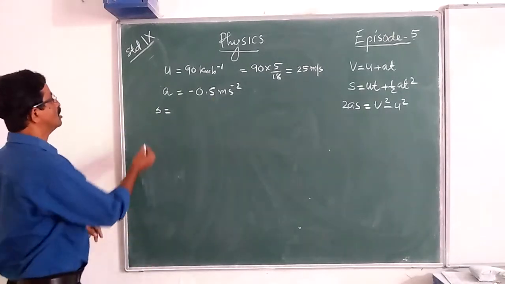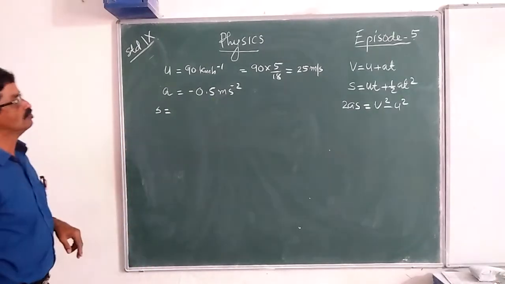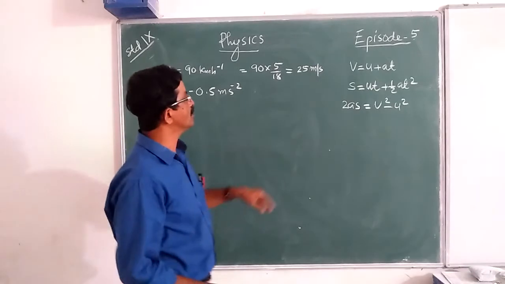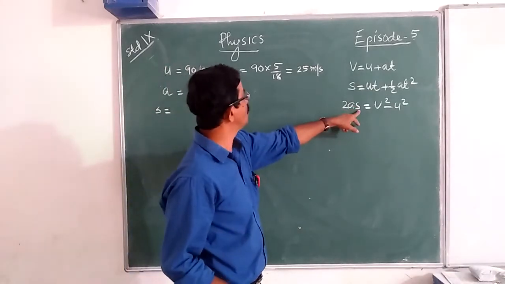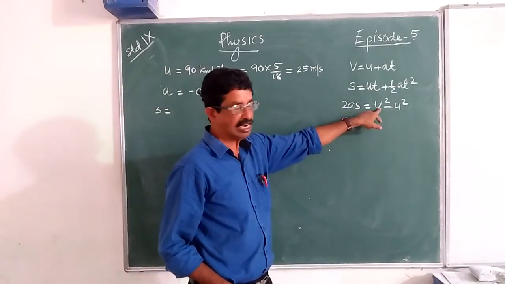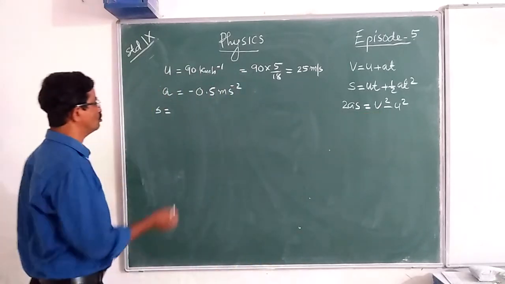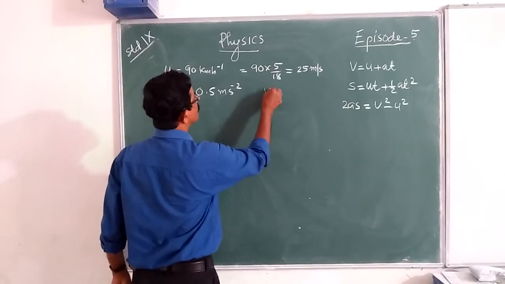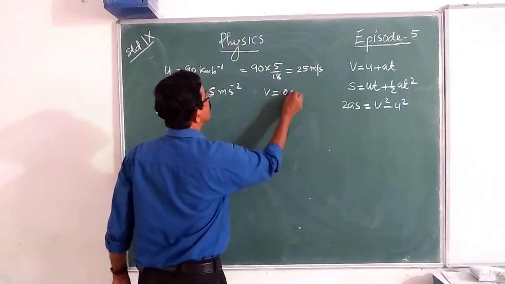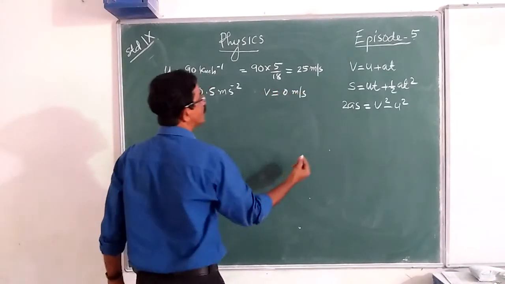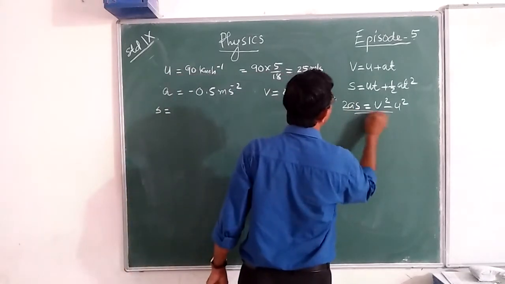We want to find out the distance. Which relation can we use here? Distance, final velocity we know. When the train comes to rest, its final velocity v becomes 0 meter per second. So we can choose this one.